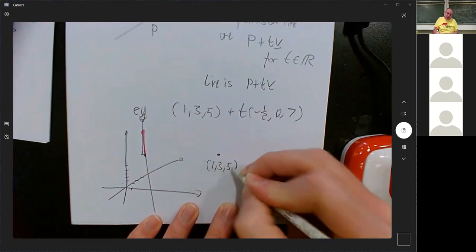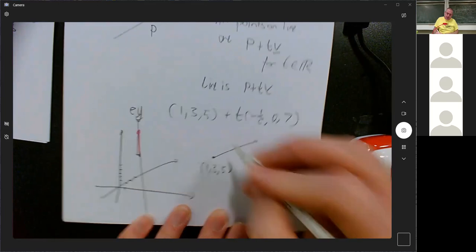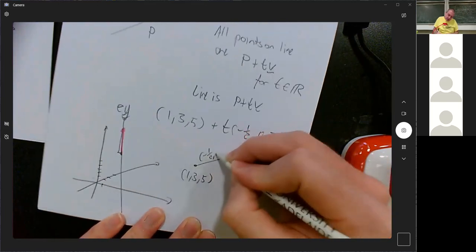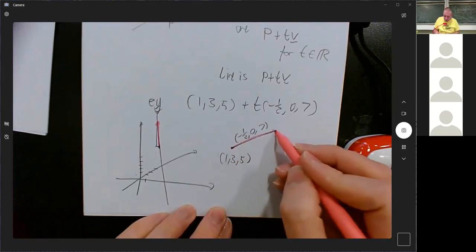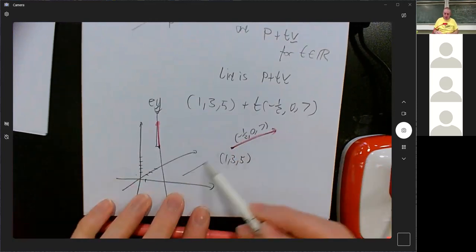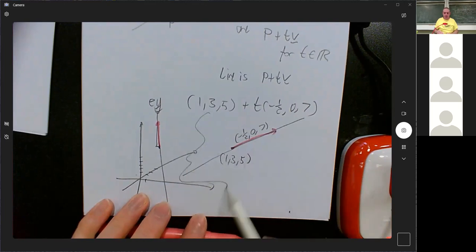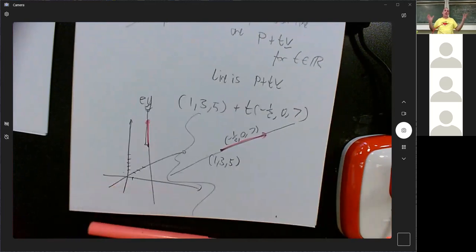This is 1, 3, 5, and this is the arrow -1/2, 0, 7, and the line is all of these things. You're allowed to just draw it like that because all lines look the same. I'm just looking at it from exactly the right vantage point so that it looks like this.